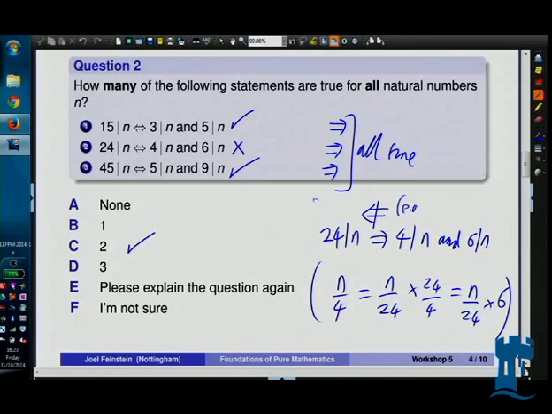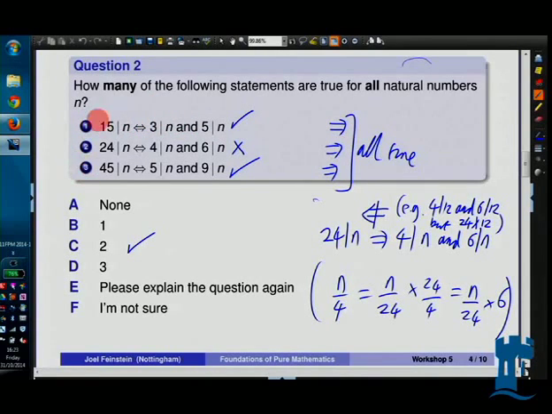For example, 4 divides 12 and 6 divides 12, but 24 does not divide 12. So that's a counterexample, shows that it's possible for 4 to divide n and 6 to divide n without 24 dividing n.